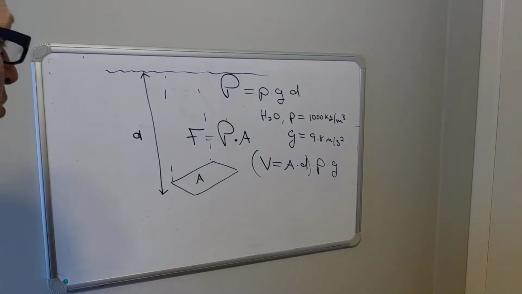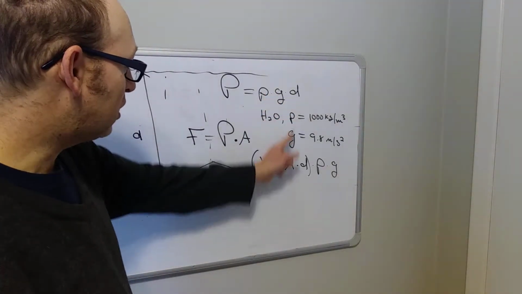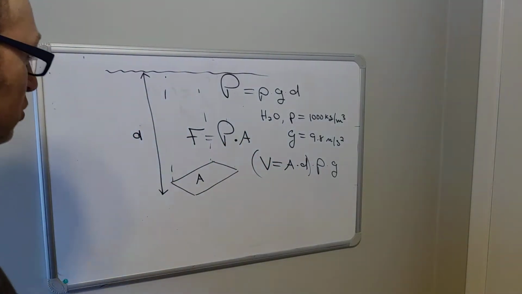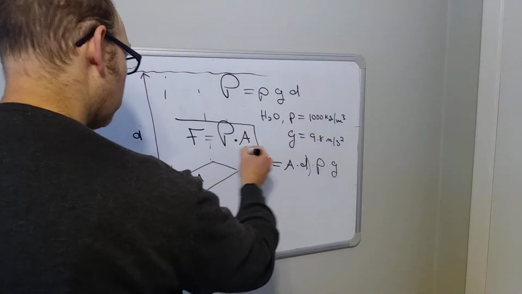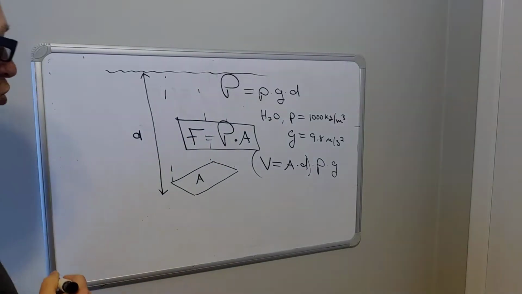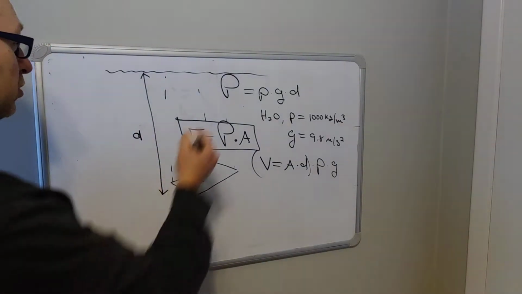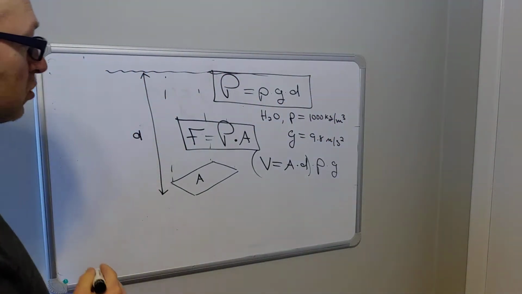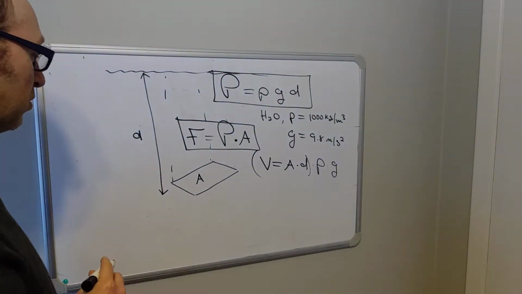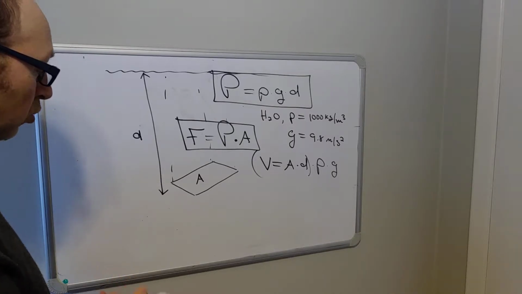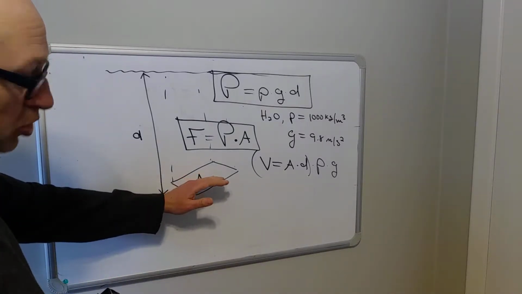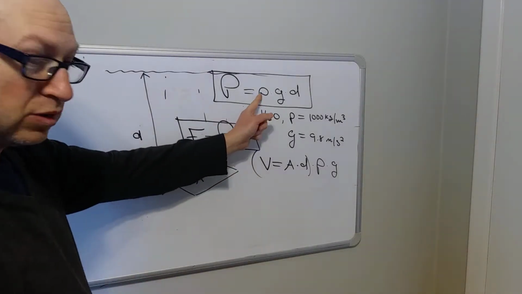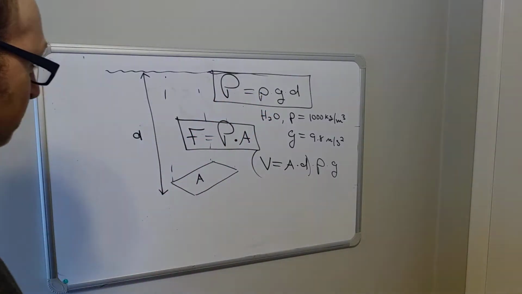And as you can see, rho G d A, same thing. So this is the formula you should remember. Force equals pressure times area. And pressure is density, gravity, times the depth. All pressure cares about is the depth, given gravity and the density are fixed.